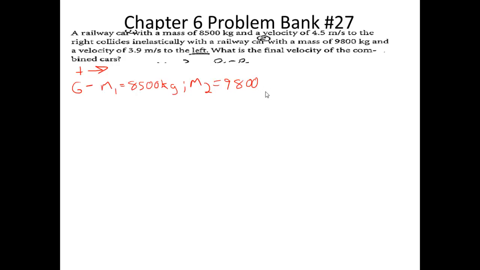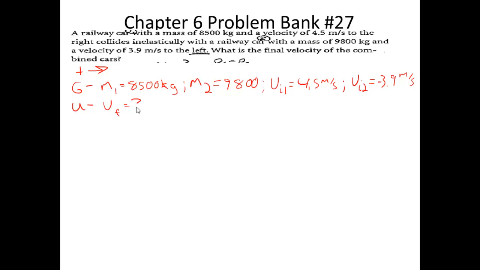The initial velocity of car number 1 is to the right, so that will be positive 4.5 meters per second. The initial velocity of car number 2, which is going to the left, is a negative 3.9 meters per second, with our unknown being the final velocity v sub f.